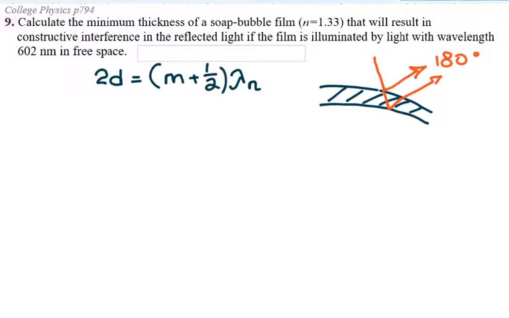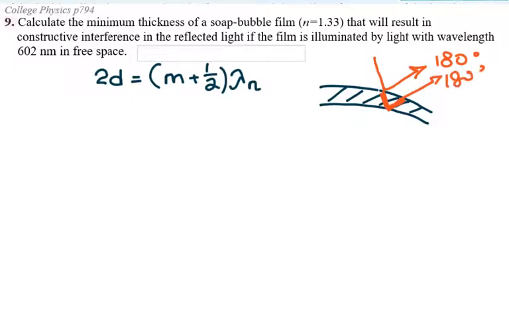So in order for it to stay with the first wave, it has to be the twice length there and back, has to be 1/2 wavelength longer in order to give me another 180-degree shift.